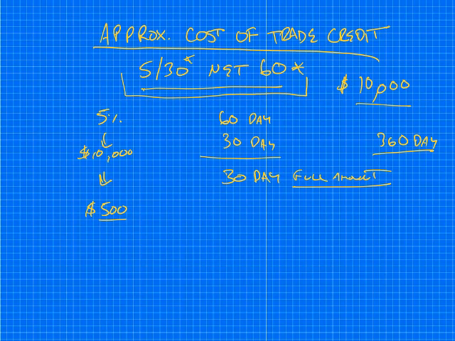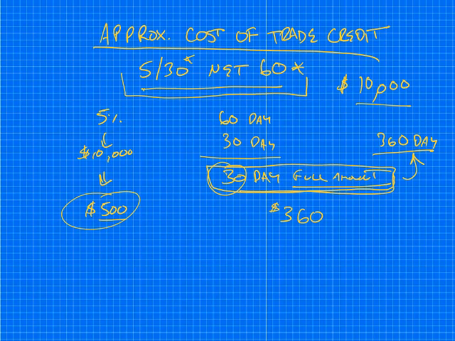So how many periods of 30-day increments would you be paying the full amount within a 360-day year? Again, our goal is to annualize this discount right here. So, 360, and how many 30-day periods are within that?